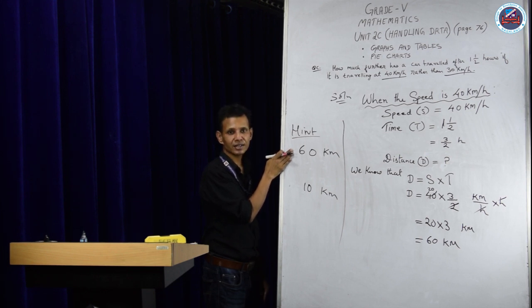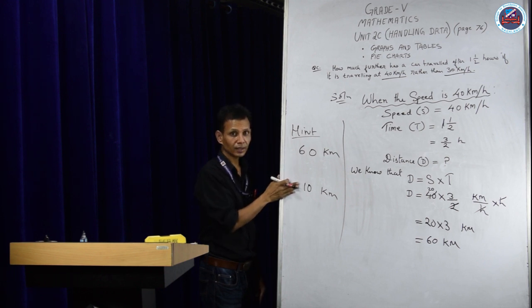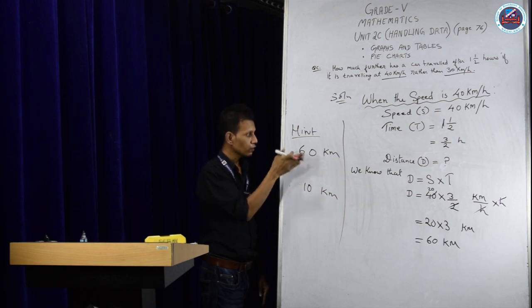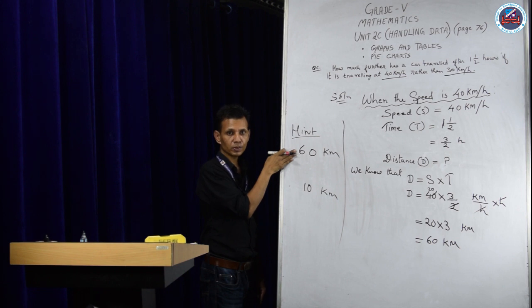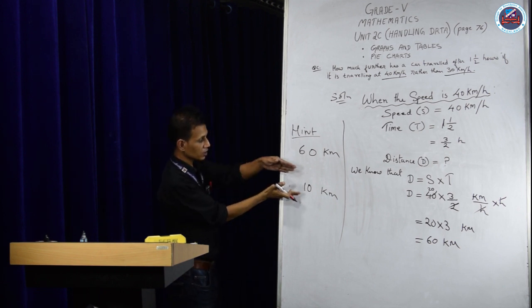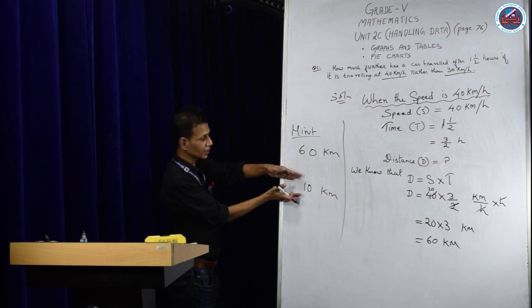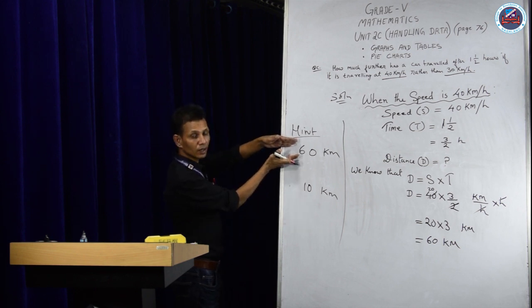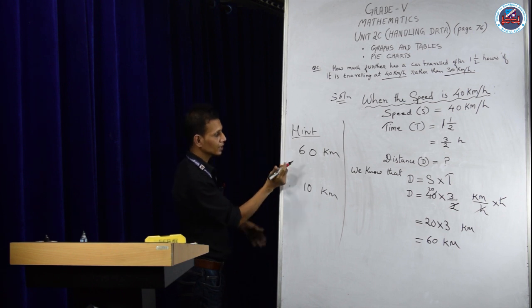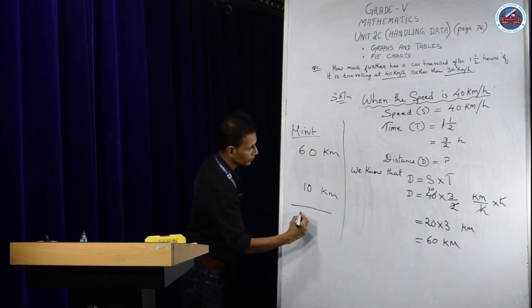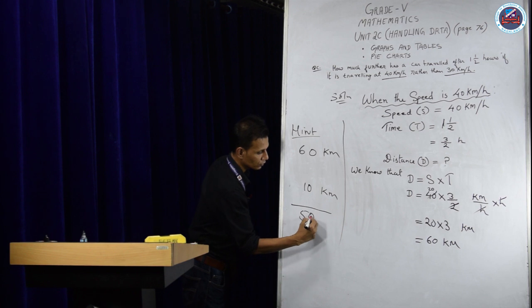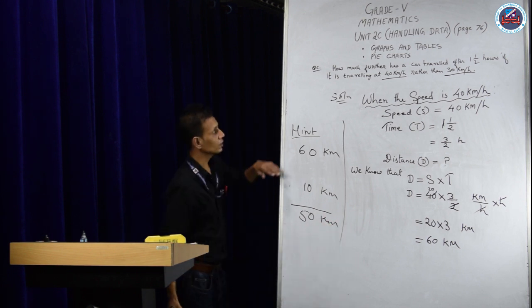You cannot just say 60, no. At 30 kilometers per hour, the car covers 10 kilometers. At 40 kilometers per hour, the car covers 60 kilometers. That means instead of 30, if the car travels at 40, it will go 50 kilometers further.